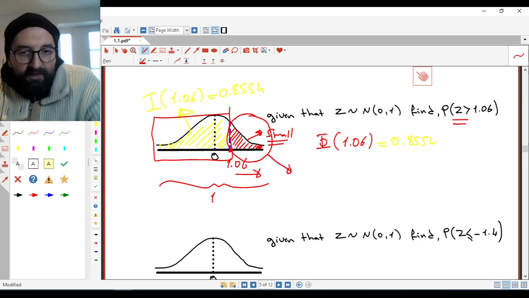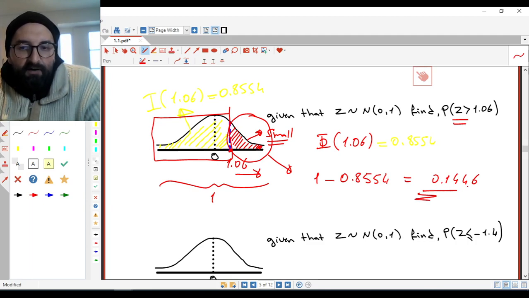And the small area is 1 minus big area. 1 minus 0.8554, and which is 0.1446, and we can say the probability of z more than 1.06 here.